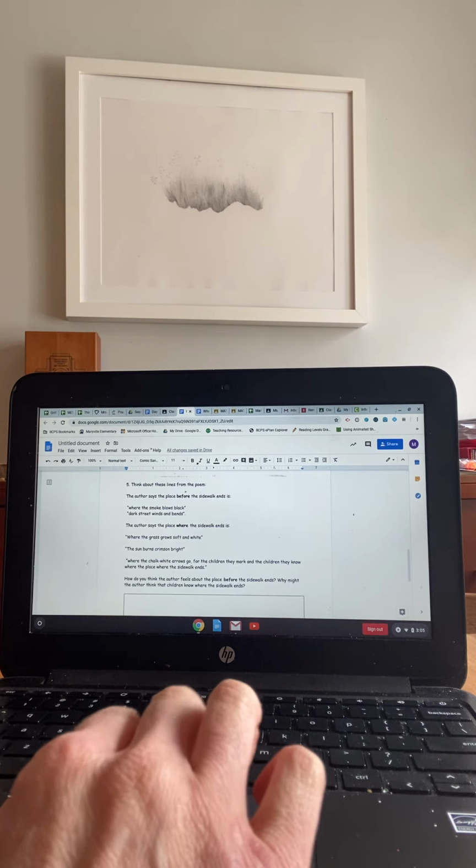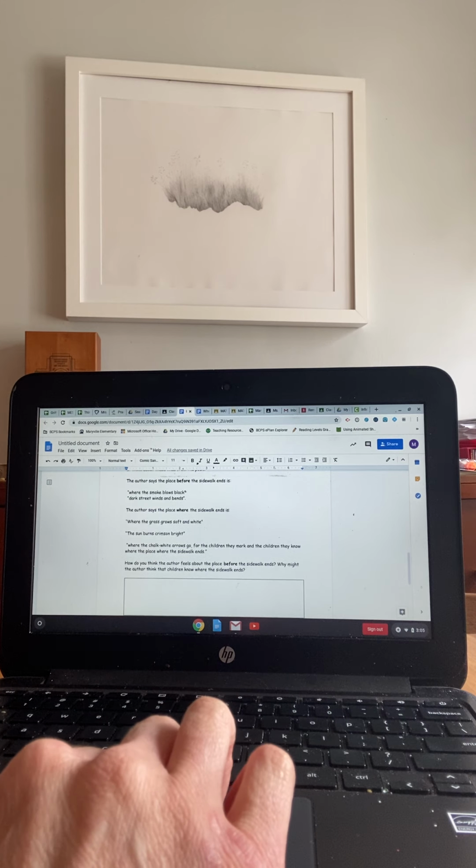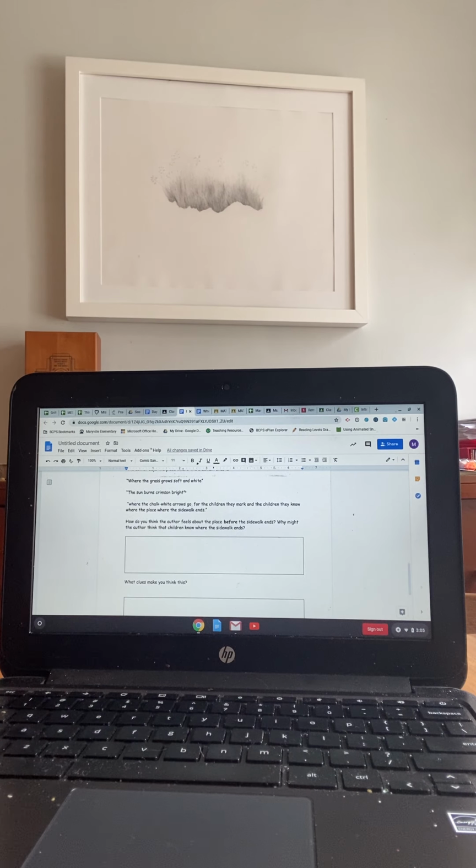So down here you were kind of supposed to answer 2 questions. How do you think the author feels about where the sidewalk ends before it ends? And then how do you think the author thinks that children feel about the place where the sidewalk ends?